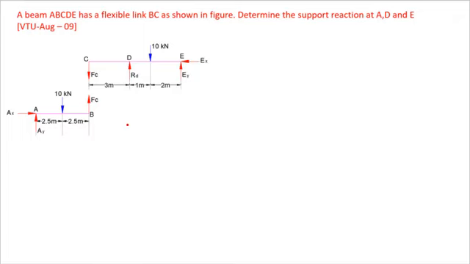These are the reactions. Now I have to consider separate parts, AB as one span and CDE as another span, to find all the unknown forces. Here the unknown forces are AX, AY, FC, RD, EY, EX. I need to find all the forces.